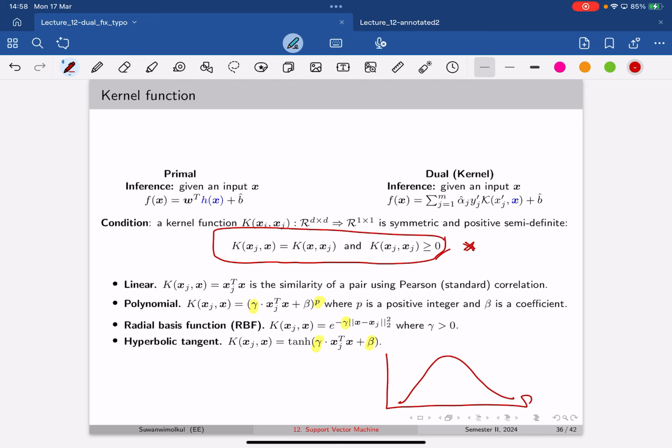If you think of Xi transpose Xj, this is like a correlation mapping or maybe covariance mapping, so this function is greater than or equal to 0. And also, it has to be symmetric. This means that the order of Xj and Xi can be switched, and there's no difference between them.